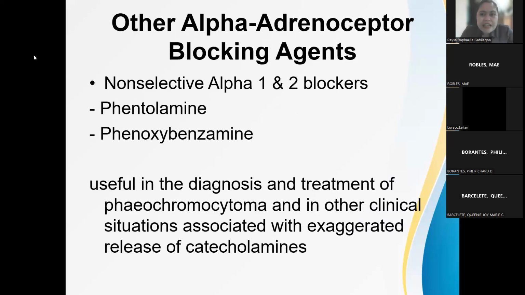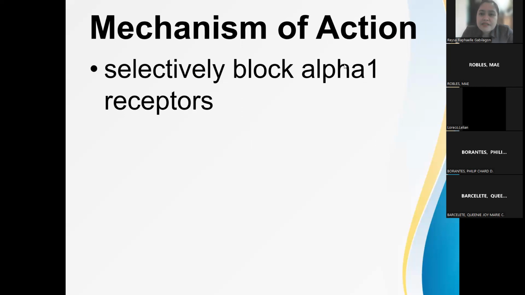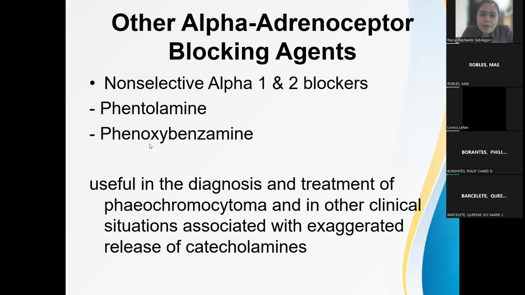Okay? And then other alpha adrenoceptor blocking agents. Itong mga zosins natin class ha, are selective sa alpha-1 receptor. Itong dalawa, phentolamine and phenoxybenzamine, are actually non-selective. So they can block the alpha-1, but at the same time, they can block the alpha-2 receptors. So when are we going to use the phentolamine and the phenoxybenzamine?